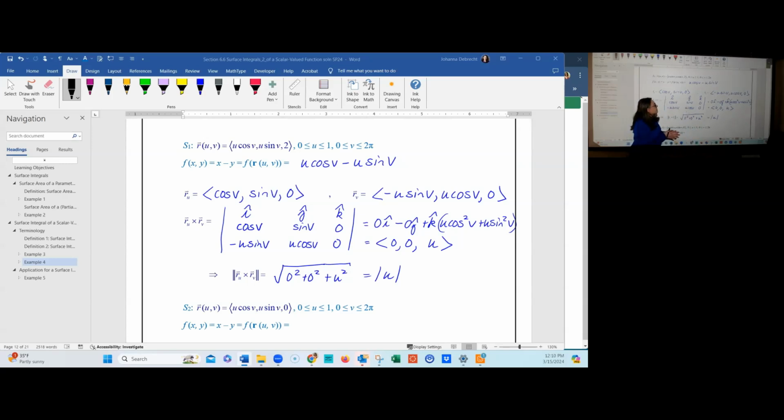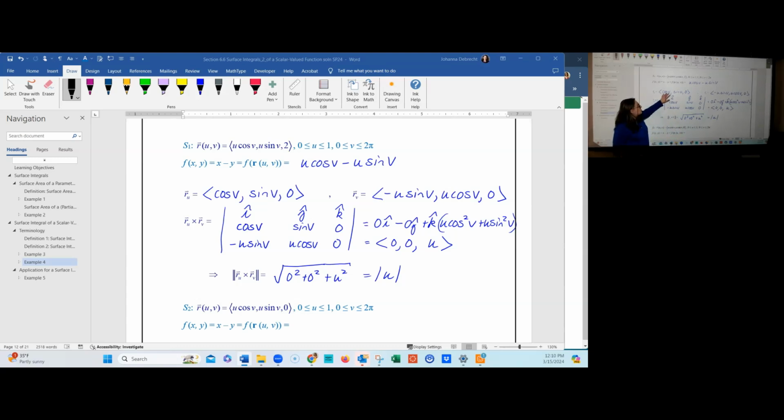So let's take a look at surface 1, which is the top, which is parameterized by u cosine v, u sine v, and 2. And again, we need the radius to vary because we want to go from the center of the circle out to the edges. In this case, u varies from 0 to 1, giving us from the center to the edge of the circle, and v goes from 0 to 2 pi, so we go all the way around.